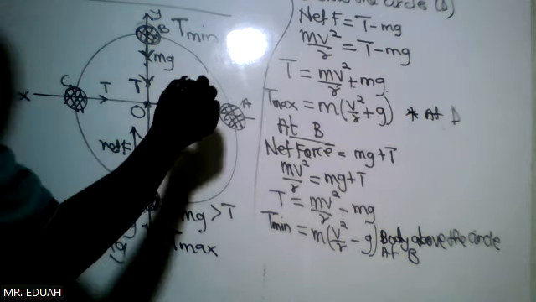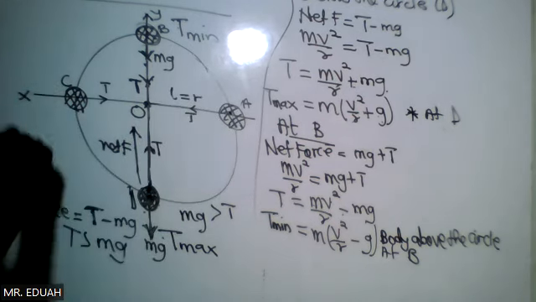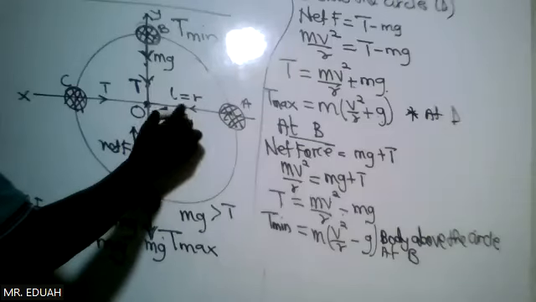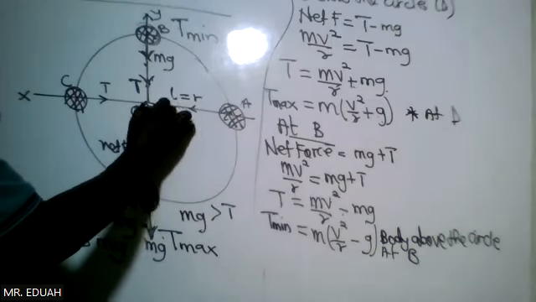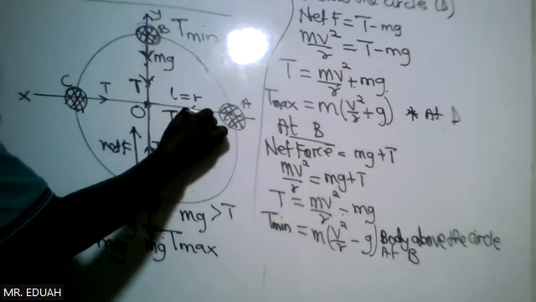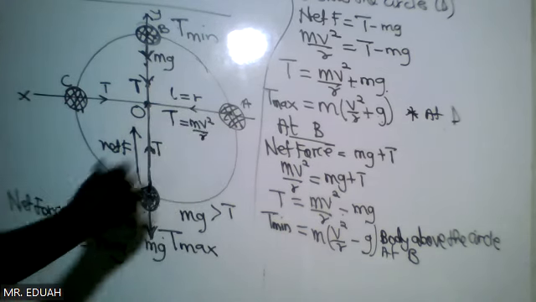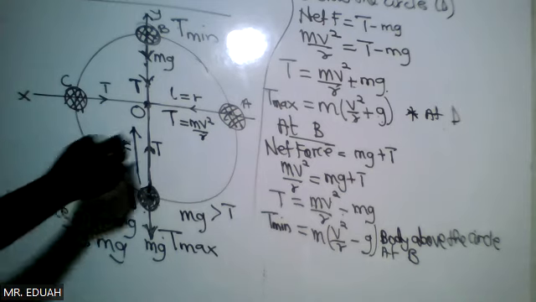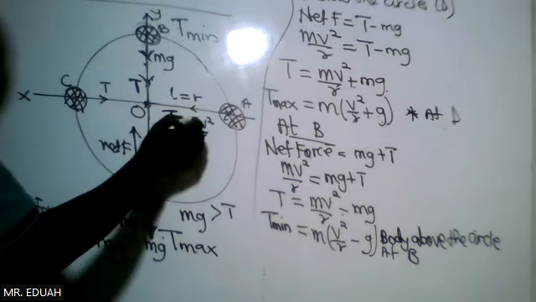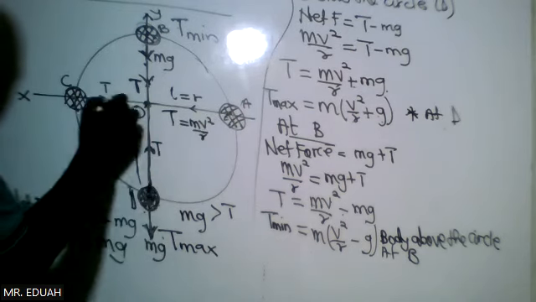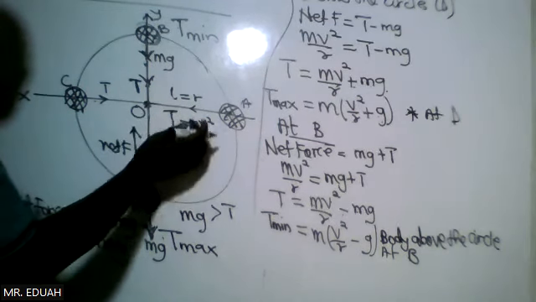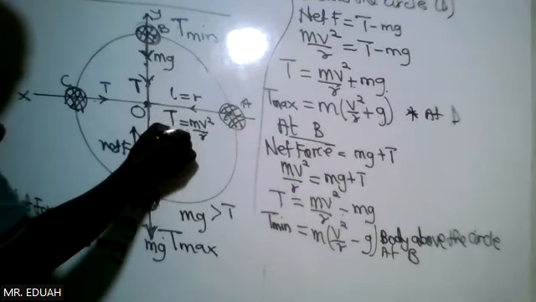When the body is at A and C, the tension within the string, T, is just equal to the centripetal force mv squared over R. A and C are at the same level, so they experience the same magnitude of tension.